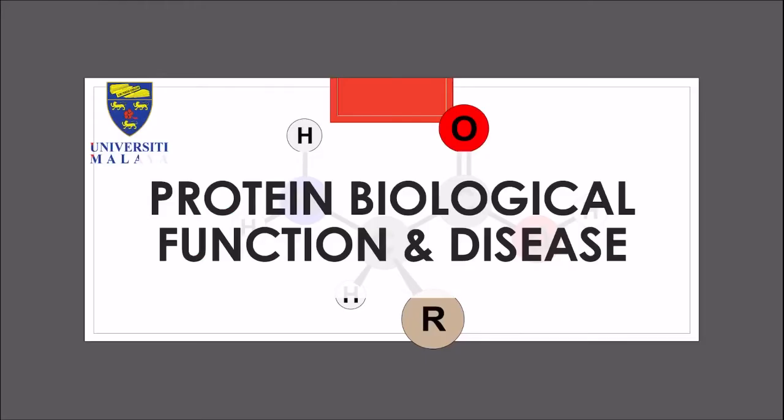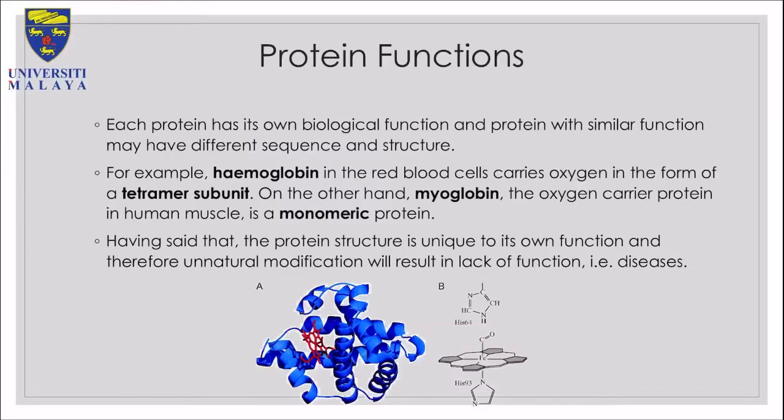Alright, so to the next stage, protein biological function and disease. As I've mentioned, the quaternary or tertiary structure of a protein is actually required for a protein to function properly.